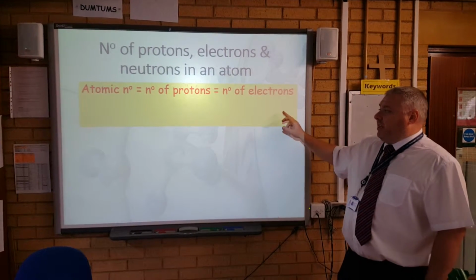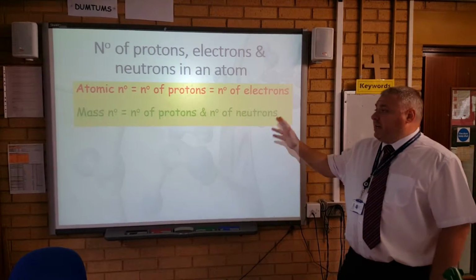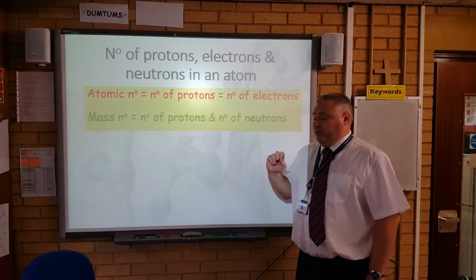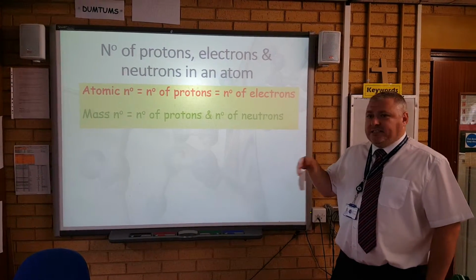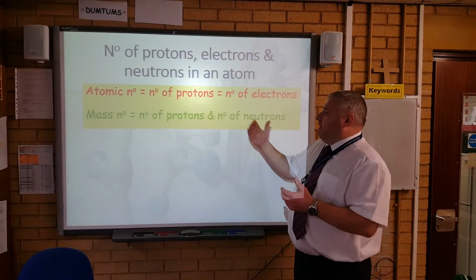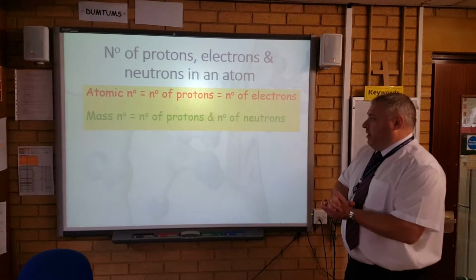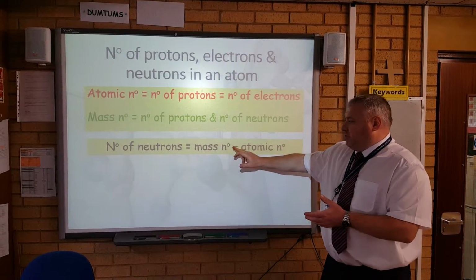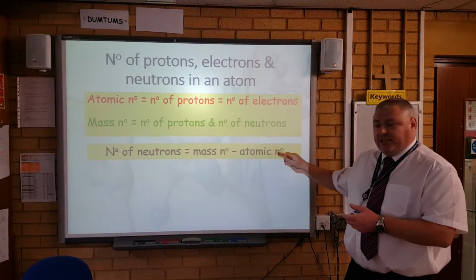So what information do we get from the mass number? Well, the mass number is the number of protons and neutrons in the nucleus. That means it tells you how many things are in the nucleus. So how do we work out the number of neutrons? The number of neutrons equals the mass number minus the atomic number.